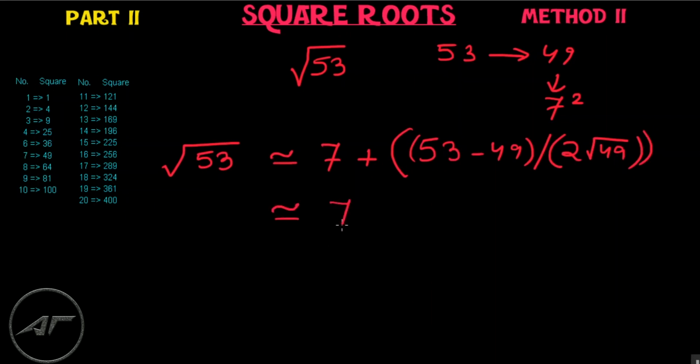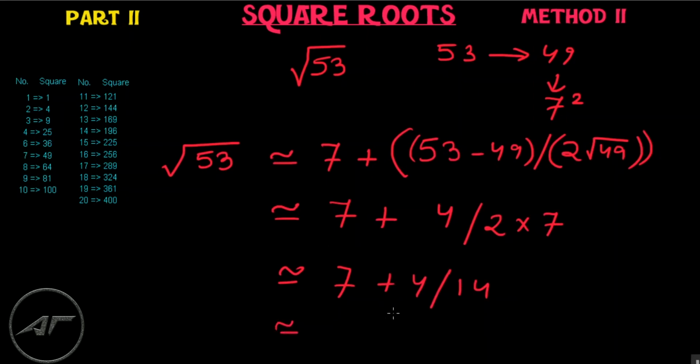Which will be 7 plus 4 by 2 into 7, 7 plus 4 by 14, which will have an approximate value of 7 plus 2 by 7, 7.2857. Therefore, the closest approximated square root value of 53 is 7.2857, right?